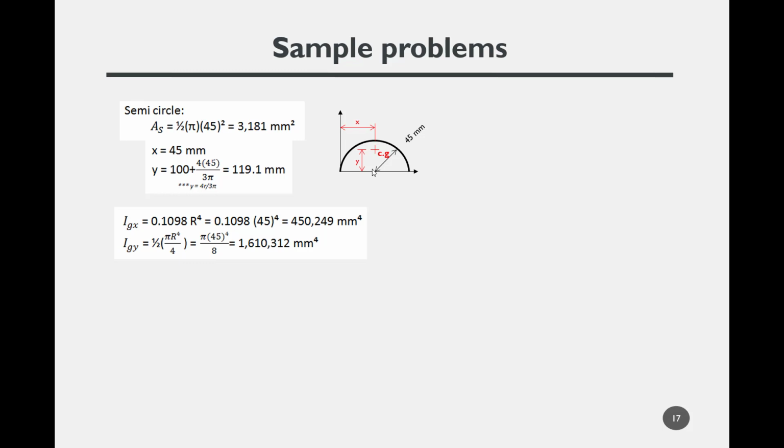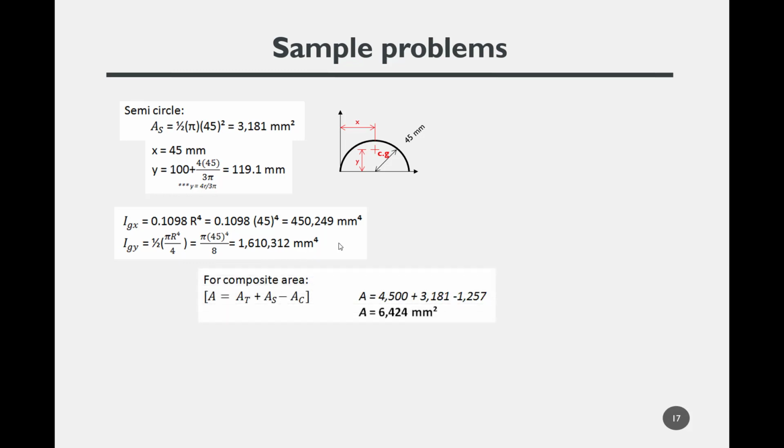For the IGX, 0.1098 r to the 4th, where r is alam natin na 45, ito kasi yung radius natin. So, makuha natin itong 450,249 mm to the 4th power. For IGY is equal to 1/2 pi r to the 4th over 4. So, makita natin is 1.6 million mm to the 4th power.